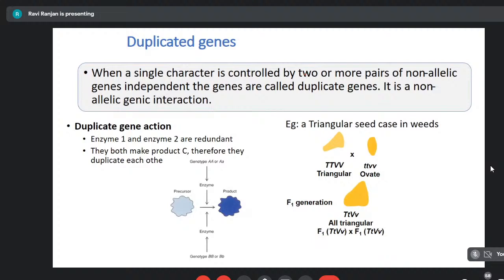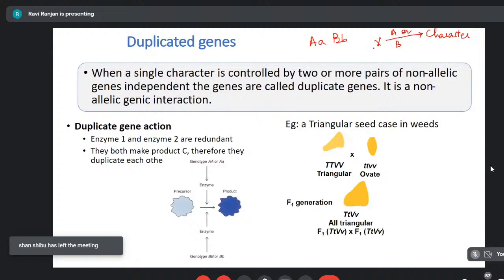So the third type of non-allelic gene interaction is duplicative genes. When I say duplicative genes, again, they are genes, say for example, A and B, these are 2 different genes, right? Supposing there is X, which is making some character. So either A or B will be helping us.